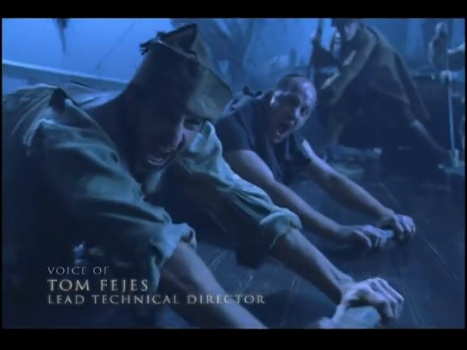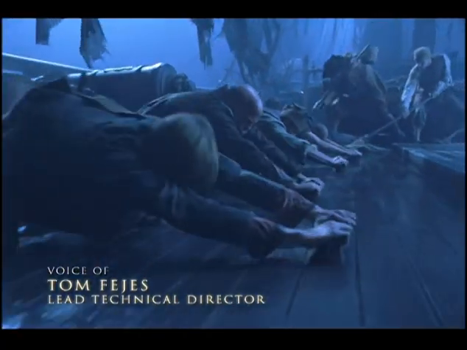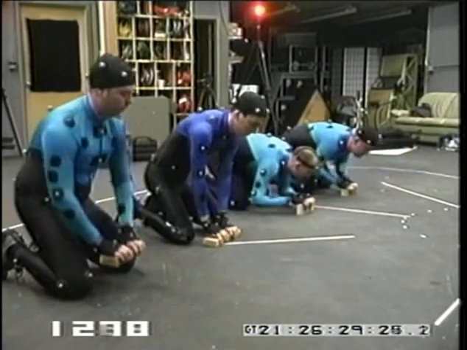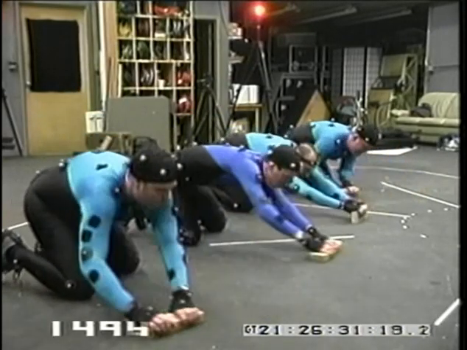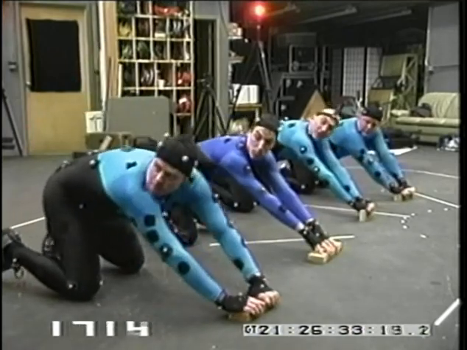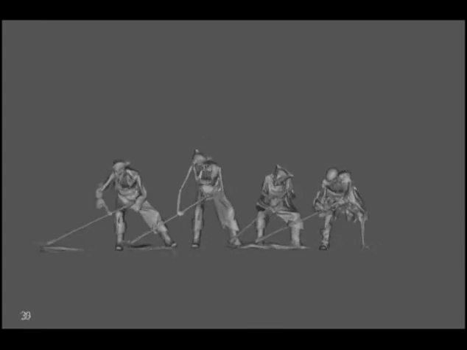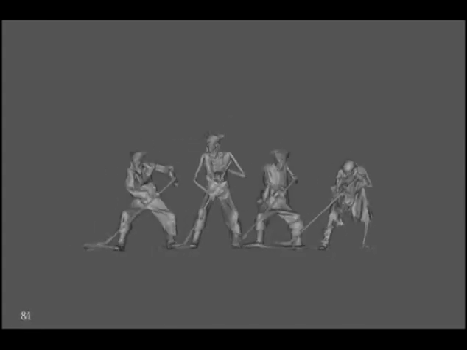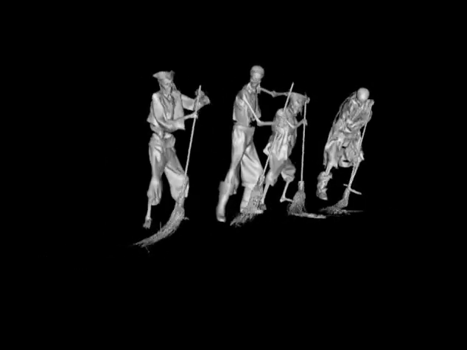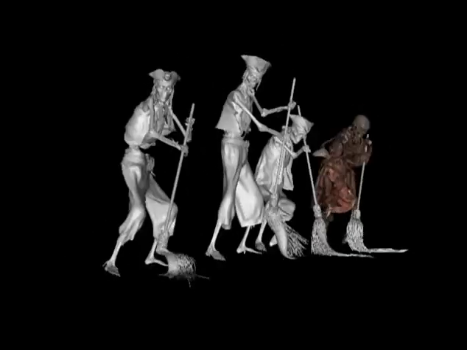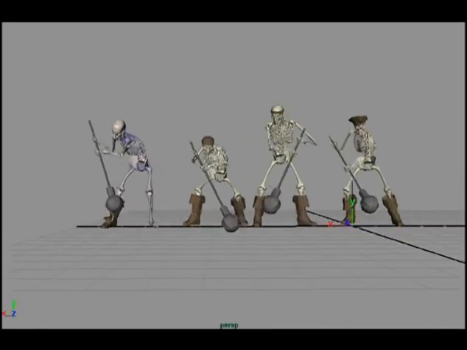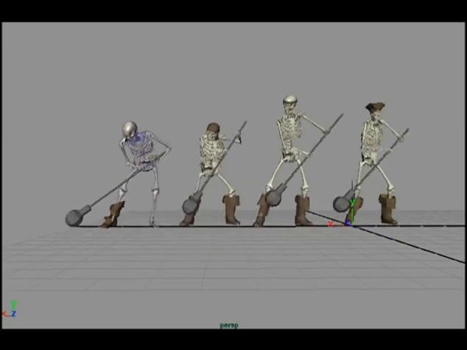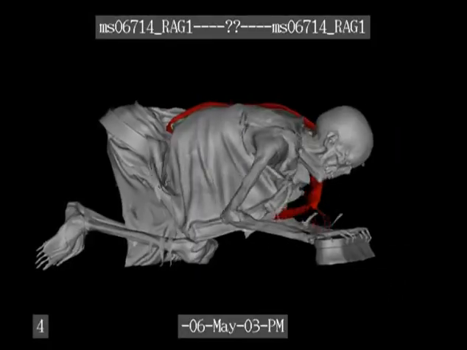For most of the scenes, they've taken the cast members and had them act out the scene, and then they shoot that as if it was going to be the final scene for the movie. And then they'll remove the actors and shoot the same camera move. So now we have a reference plate that shows all the actors in the lighting environment and moving, so that provides a good reference, not only for the animators for positioning the characters and capturing the idiosyncrasies of each of the different actors who are playing the different parts, but it also gives us some good lighting cues.